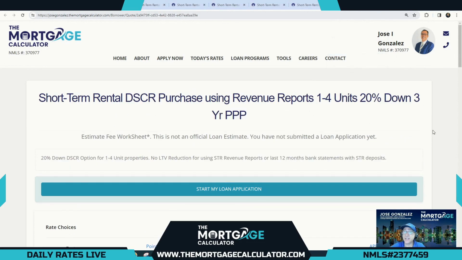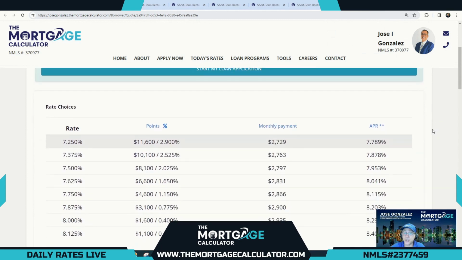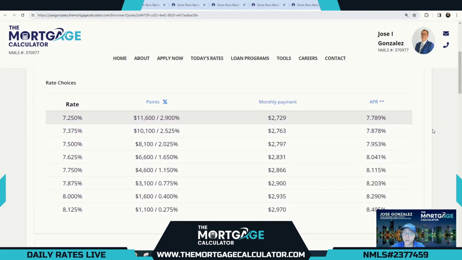Now, here is our option using short-term rental revenue reports, right? This is for when you're buying a property that the current owner is operating as a short-term rental. Now, you do see here, this is an 80% LTV option. No LTV adjustment is applicable when using revenue reports, because revenue reports are real numbers, right?